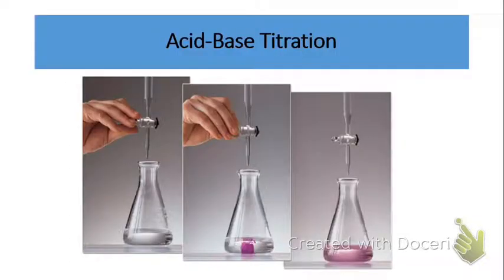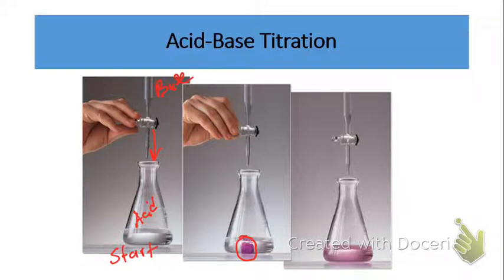All right, so here you can see the progression of the titration. Initially, this is the start of the titration, where we have not added base yet. There's base in the burette here, and when we open up the valve, we'll allow the base to drip into the acid here to begin the titration. Notice that initially, once you add base, you're going to get a little bit of color change due to the neutralization that occurs.